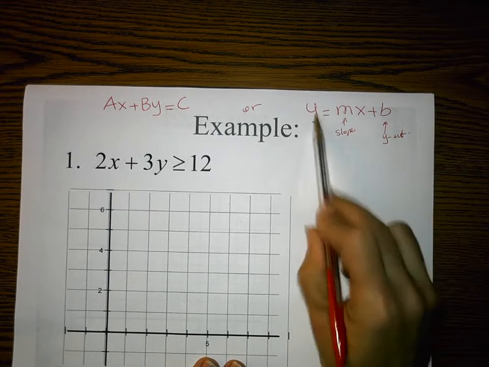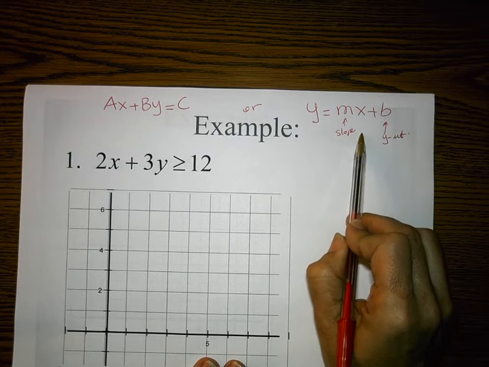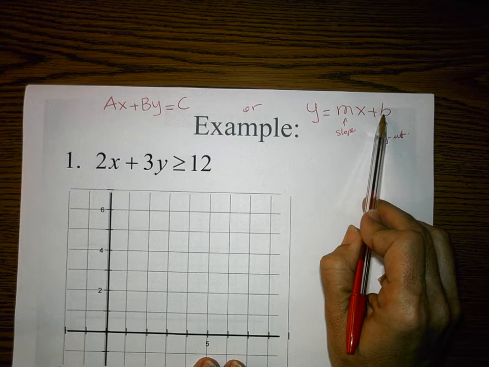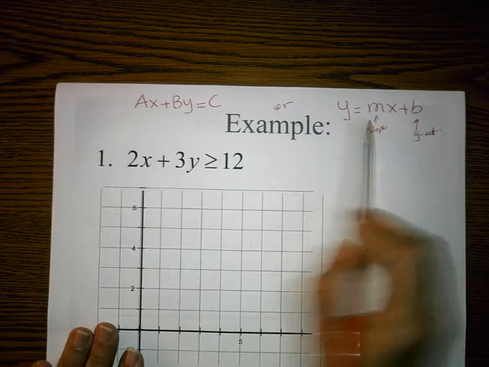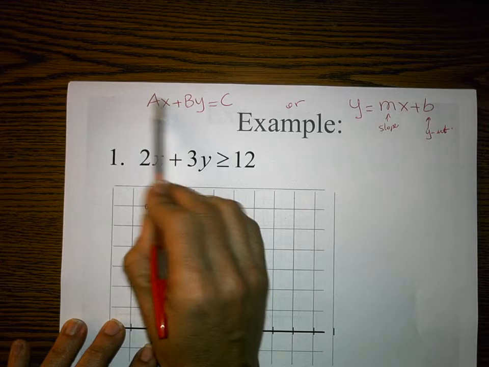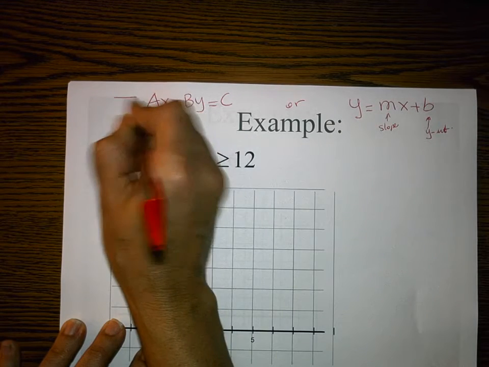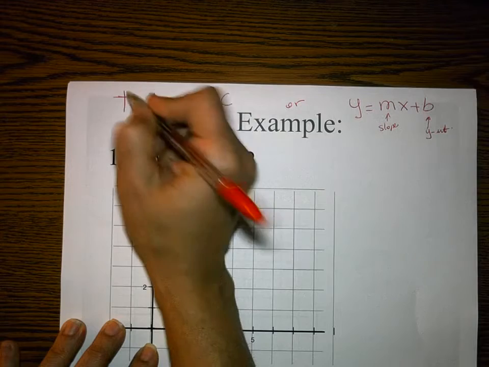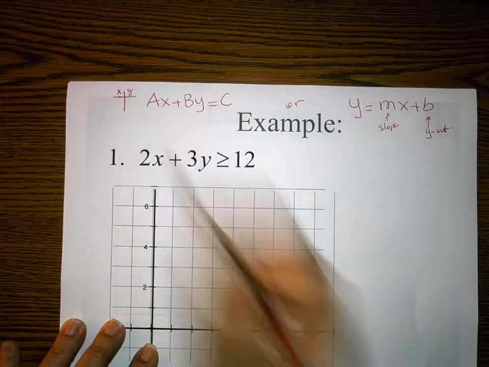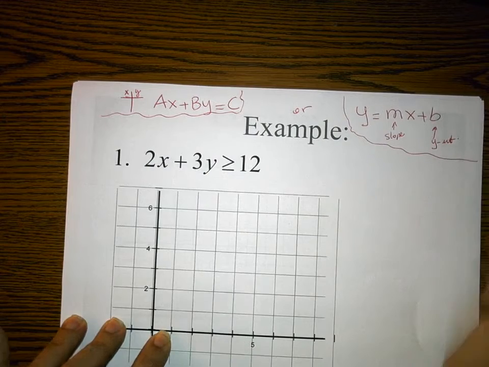If you don't remember how to do that, go watch my video, graphing a line in the slope y-intercept form. Now, if it is given to me in this way, then all I have to do is find the x-intercept and the y-intercept. So that means I'm going to be making a little t-chart with x-intercept and y-intercept. So there's only this way right here or this way right here. Okay?